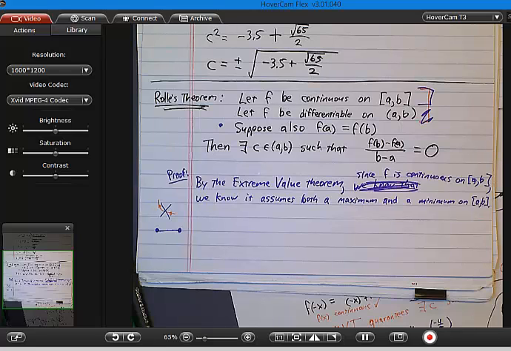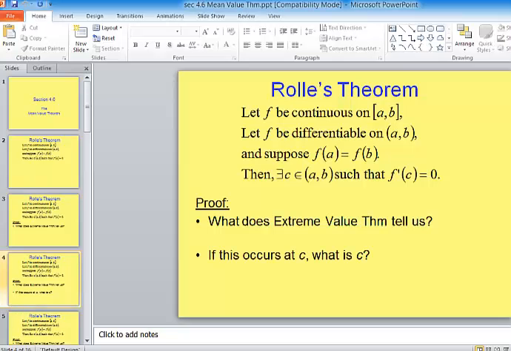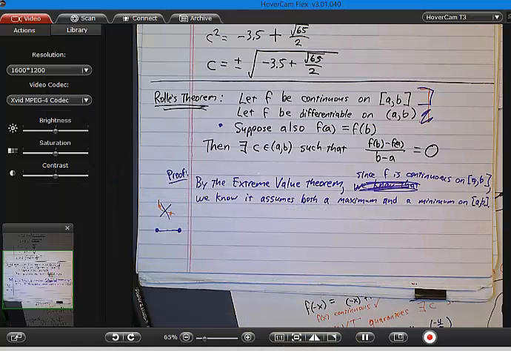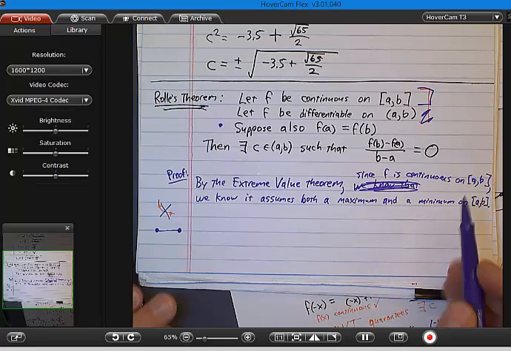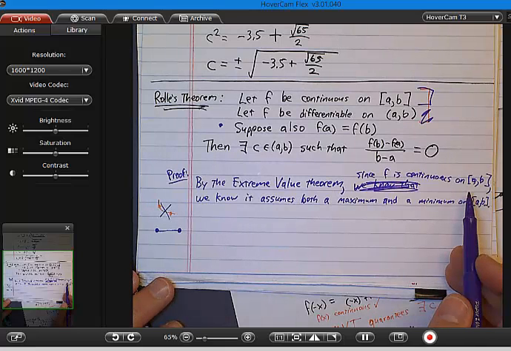So here's my next little hint of my proof, and I know what it says, but let's see if you can answer the question. If the maximum or minimum occurs at C, what is C? Remember, C's a value on A, B, right? You guys just told me something, actually.